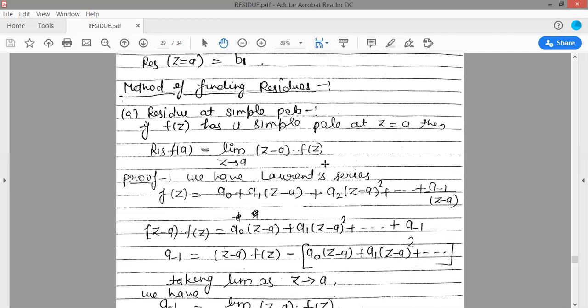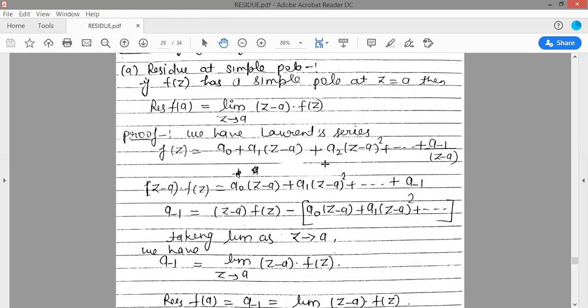There is a proof also here, where this residue is coming from. So the proof is, we have our Laurent series. Our Laurent series is a naught plus a1 (z minus a) plus a2 (z minus a) whole square plus and so on.